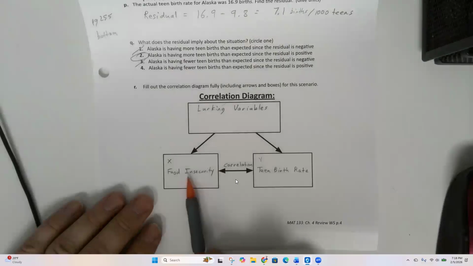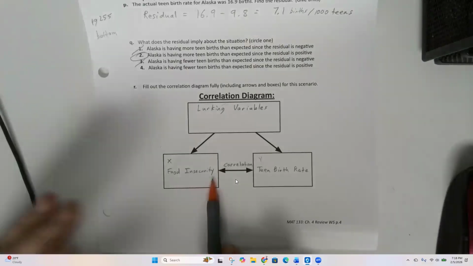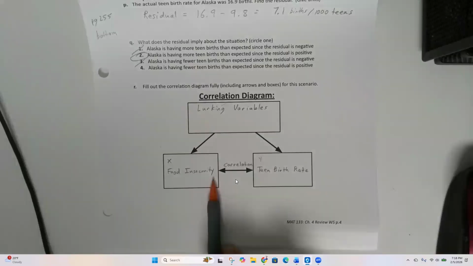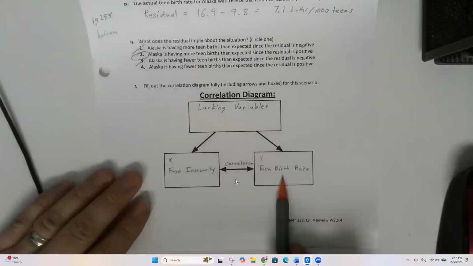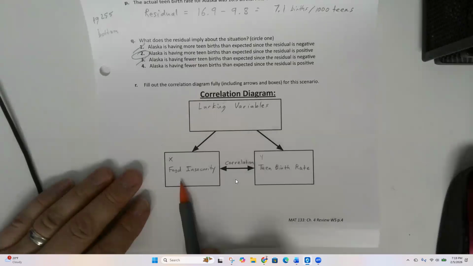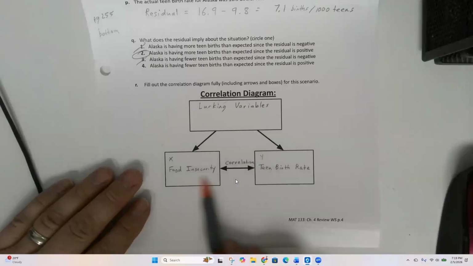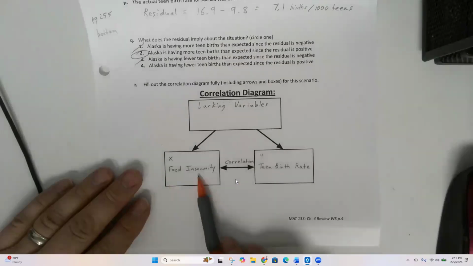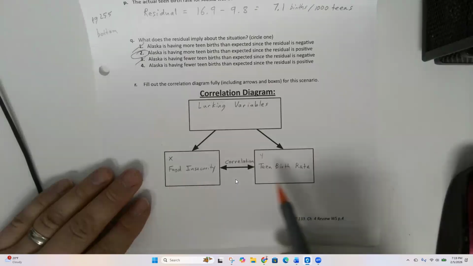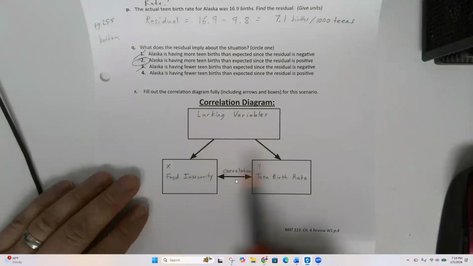If you have a state with very high food insecurity, so you have a lot of households that don't have enough food, does that mean that you automatically have more pregnant teenagers? No. Having no food doesn't mean teenagers are going to go out and get pregnant. Same thing the other direction. If you have a lot of food, that doesn't stop teenagers from getting pregnant. There's a lurking variable that is going to cause both of these to be high.